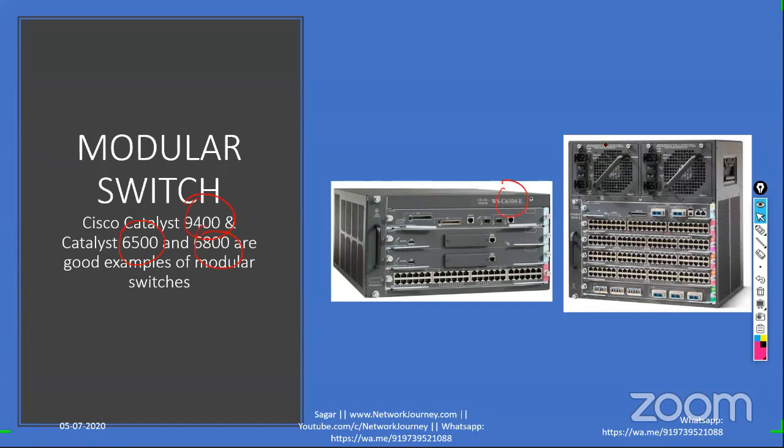So these have three different planes: a control plane, a data plane, and a management plane. As I told you, from the device point of view, you can just say if it's part of control or it's part of data.